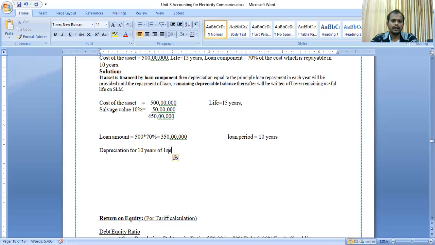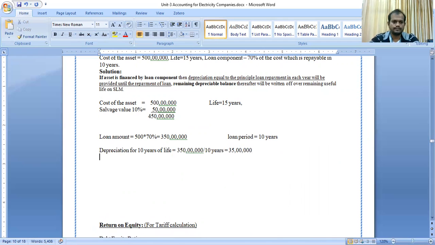Depreciation for 10 years of life is equal to 350 lakhs divided by 10 years. That is 35 lakhs.